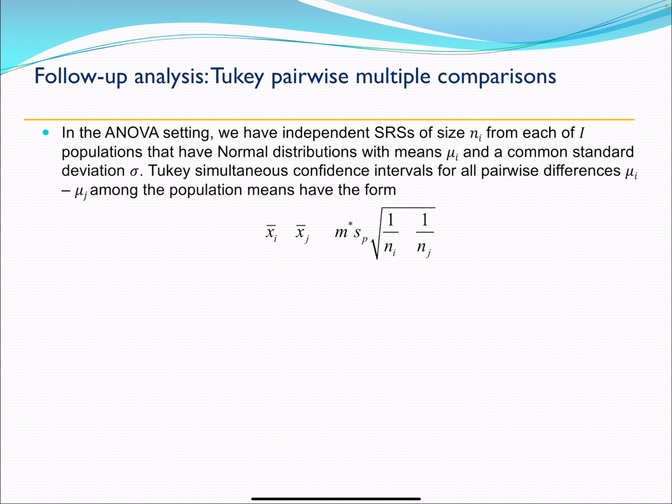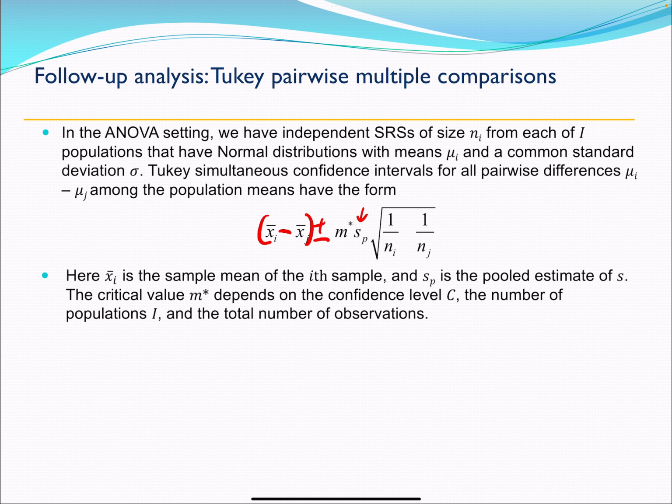Tukey's simultaneous confidence intervals for all pairwise differences mu_i minus mu_j among population means have the form: we take the differences x bar_i minus x bar_j plus or minus m star times s_p, where s_p is our pooled estimate of our standard deviation, times the square root of 1 over the sample size of group i plus 1 over the sample size of group j.